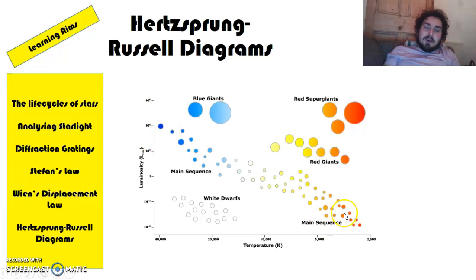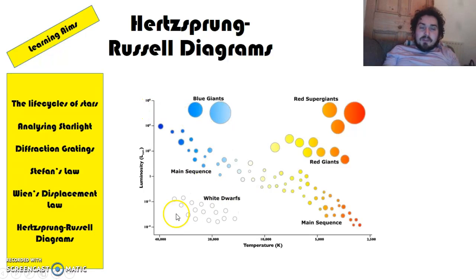With the smaller, lower temperature stars over here, and the larger, higher temperature stars over here. You'll notice that the smaller ones that are lower temperature have a much lower luminosity than those stars up here. We have large stars with very, very large luminosity, but of a low temperature, and these are our red giants and our red supergiants. And then we have very large stars that are very hot and very luminous, and these are blue giants, or our supermassive stars.